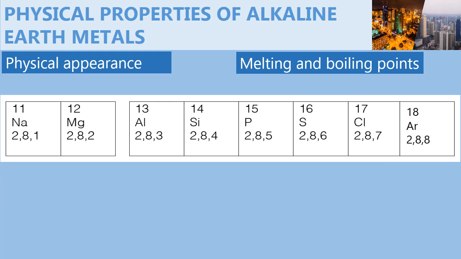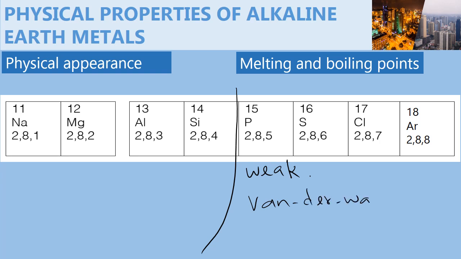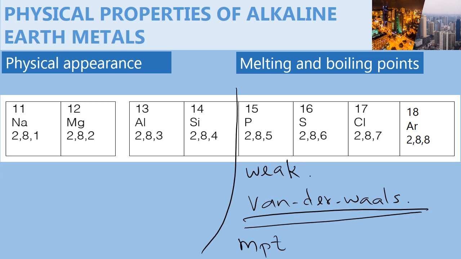The molecules are held together by weak interatomic forces known as van der Waals forces. Since they are held together by these weak forces, the melting and boiling points are very low.